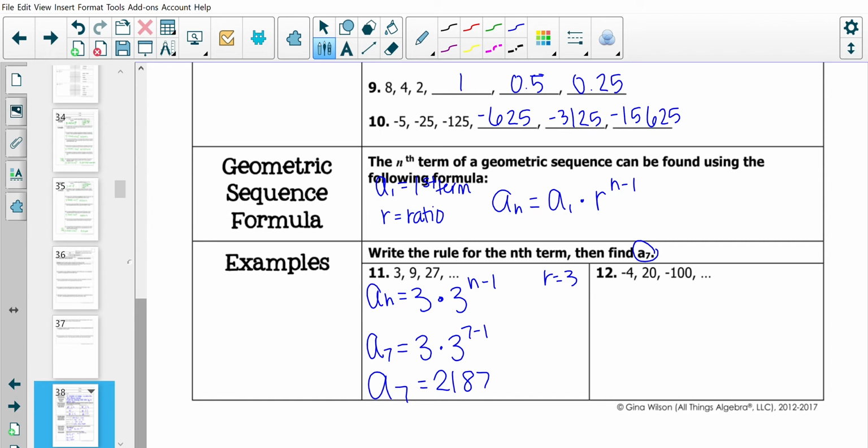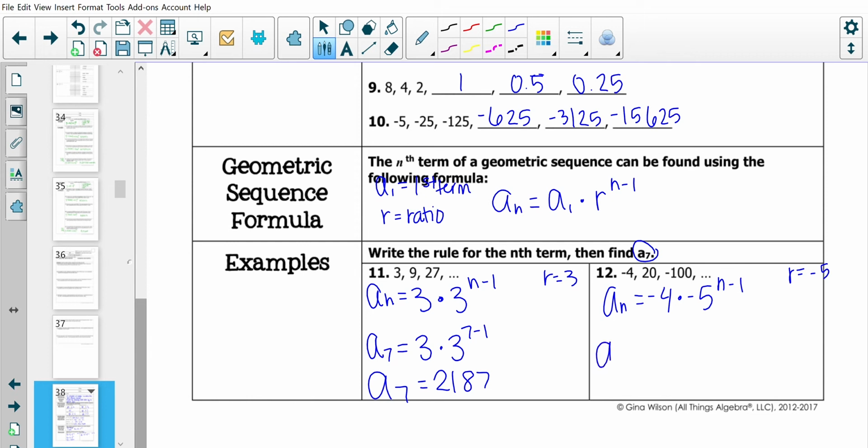Okay. On number 12, what is my r value? Negative 5. So I have a sub n equals, what's my initial value? Negative 4 times negative 5 to the power of n minus 1. Now, okay, now we're plugging in our 7.